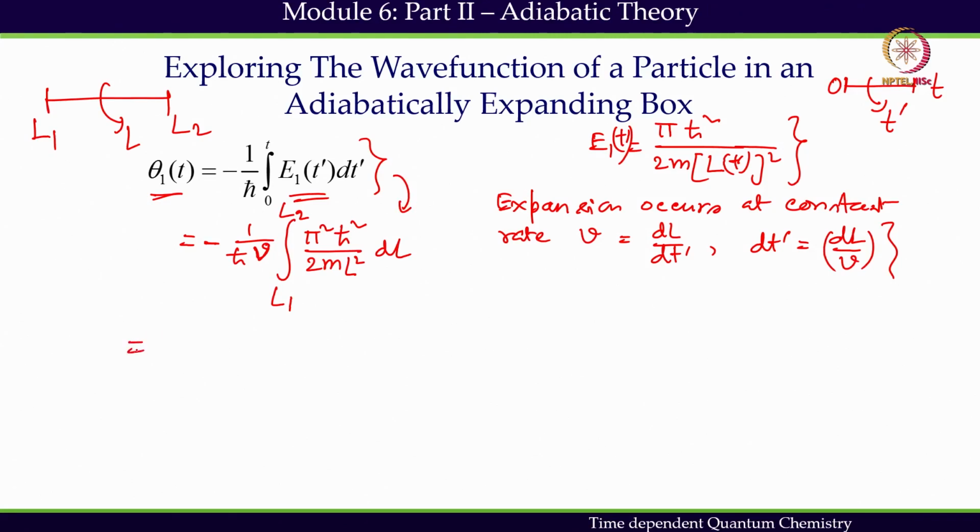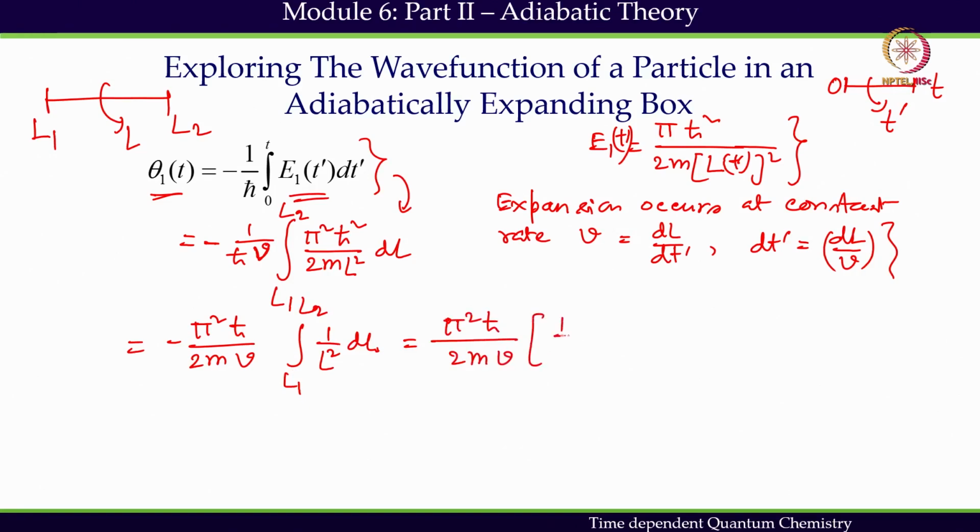I can write it as minus pi square h cut by 2m v, integral from L1 to L2 of 1 by L square dL, which is nothing but pi square h cut by 2m v times 1 by L evaluated from L1 to L2, which is pi square h cut divided by 2m v times 1 by L2 minus 1 by L1.